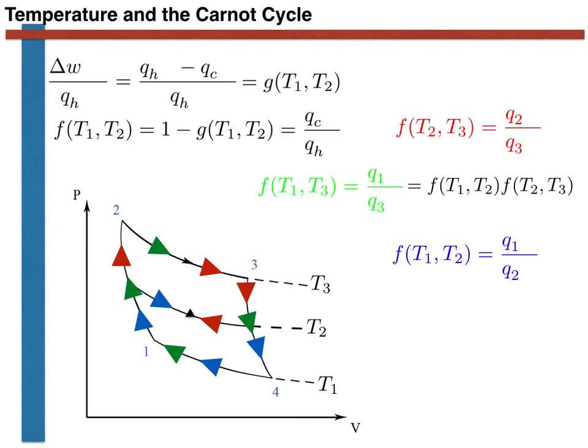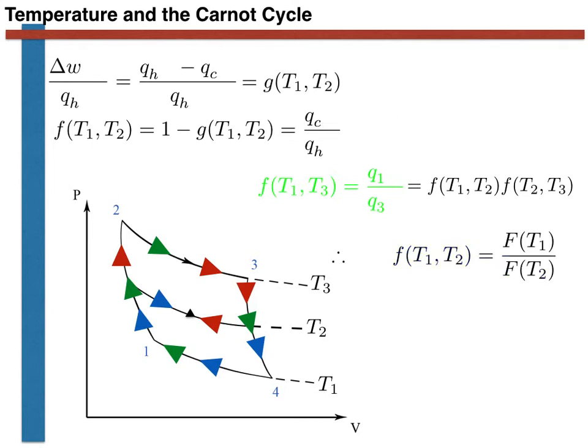This result implies that f of T1, T3 is just some quotient with some new function, capital F, of T1 in the numerator and capital F of T3 in the denominator. This must be the case, as this is the only class of functions we have for which f of T1, T3 is equal to the product of small f of T1, T2 and small f of T2, T3.